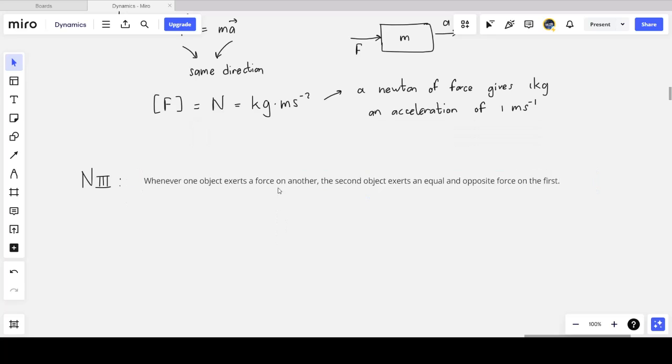So when an object exerts a force on a second object, the second then exerts an equal and opposite force on the first. I push the box with my hand, and the box pushes back on my hand.